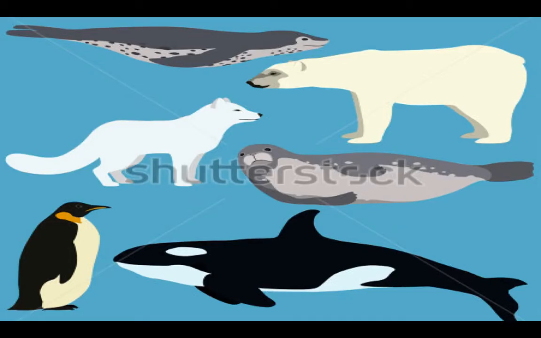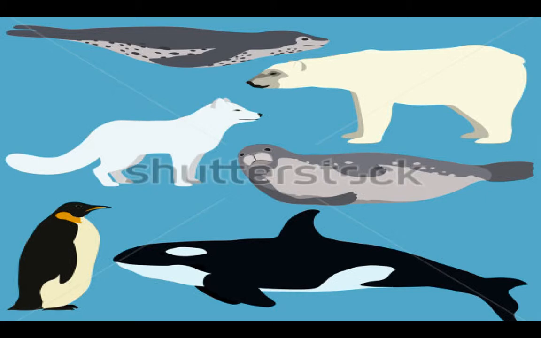Next is the tundra. The tundra or the Arctic is very cold, there's a lot of snow and ice, so you'll see a lot of animals with thick fur, like the polar bear, or you'll see animals that have a layer of fat under their skin, very thick fat called blubber.